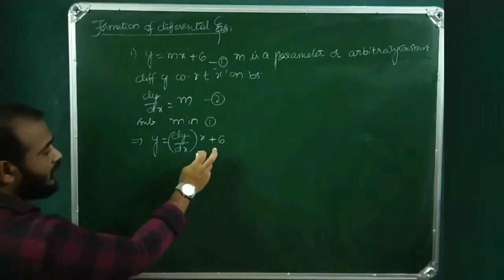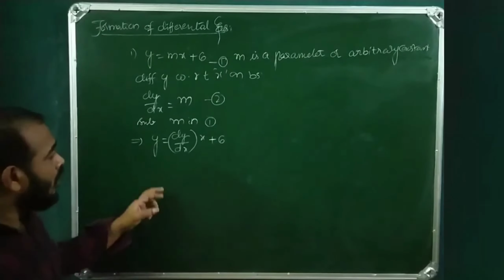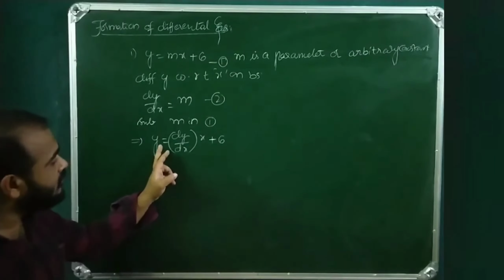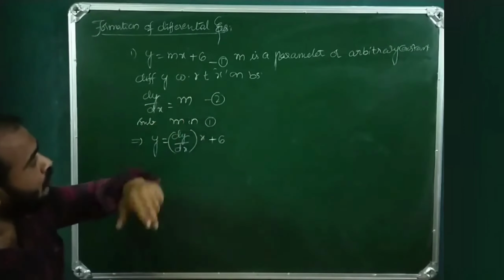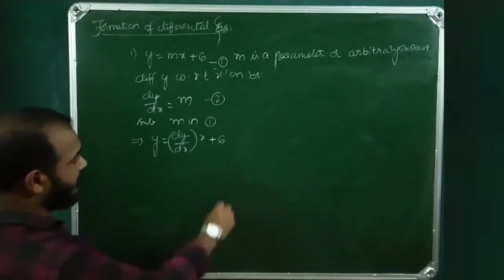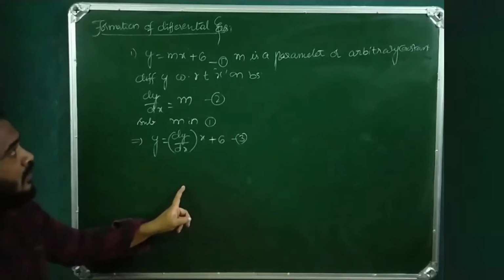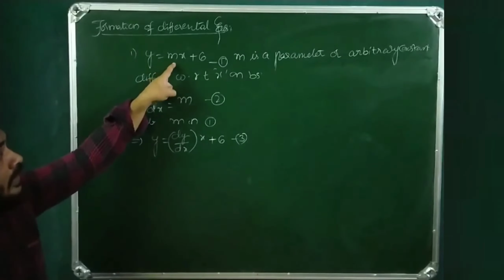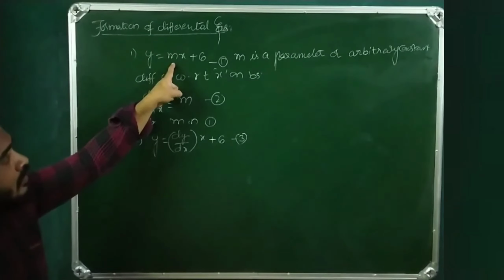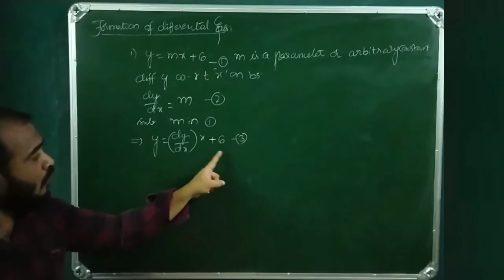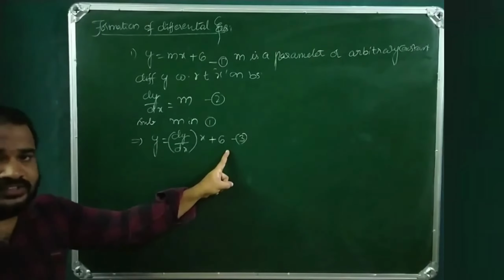Therefore, this is the family of all straight lines having slope m. But if you see 1 and 3, both represent the family of straight lines. But one is devoid of the derivatives and 3 is devoid of the arbitrary constants.